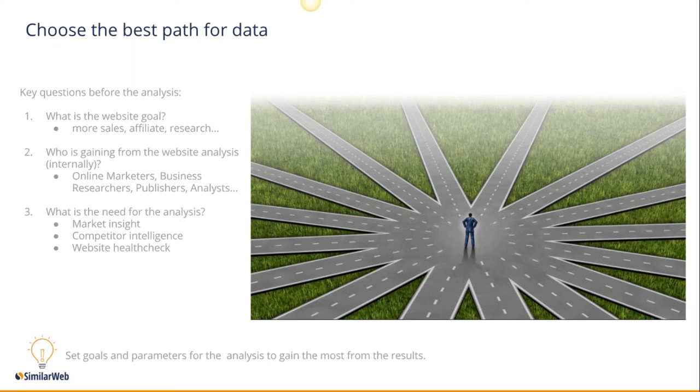Okay, let's jump into things. When we're doing an analysis, it's going to take many different shapes and sizes. Sometimes we're doing analysis for one reason or another, trying to get different types of information out of it. It's always important to know what you're looking for, so that you can determine the right path.